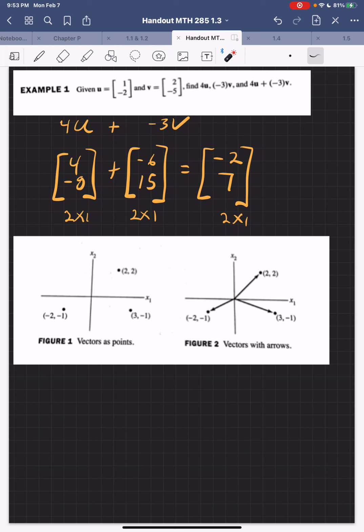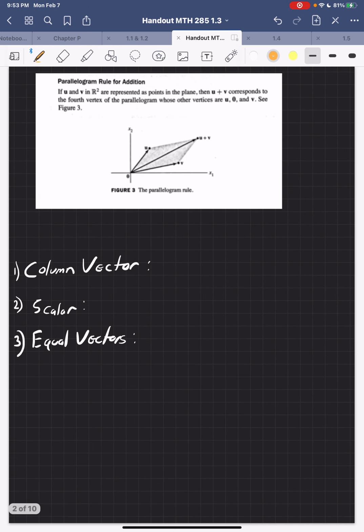Okay, so what I want to make sure you understand is that a column vector is any n by 1 matrix. Meaning it doesn't matter how many rows, it can only have one column, right?